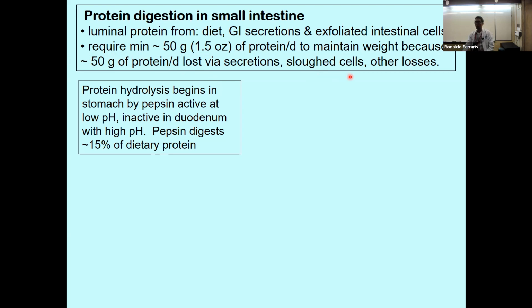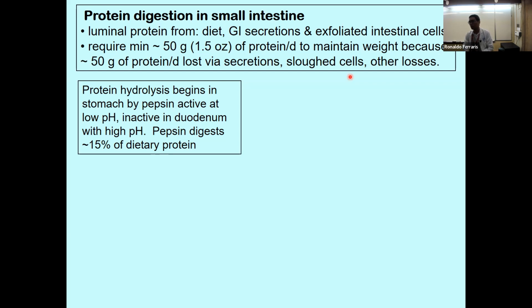The cells that line your intestines and your stomach are being replaced all of the time. Almost all cells that line the GI tract have a limited lifetime, because they're exposed to really challenging environments.